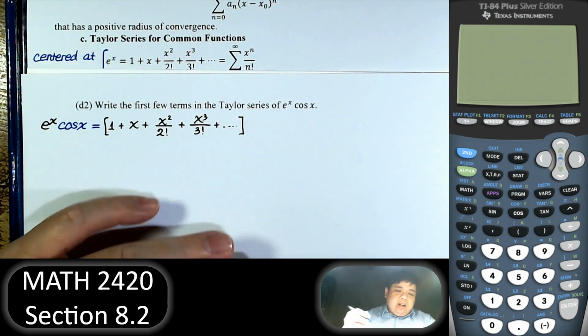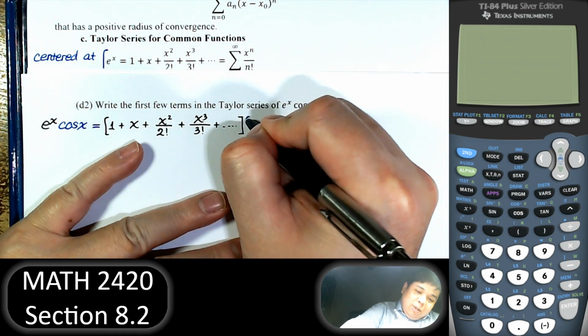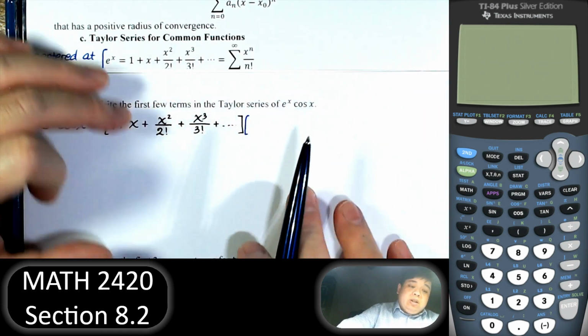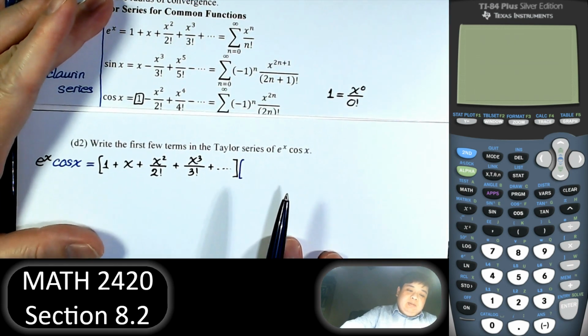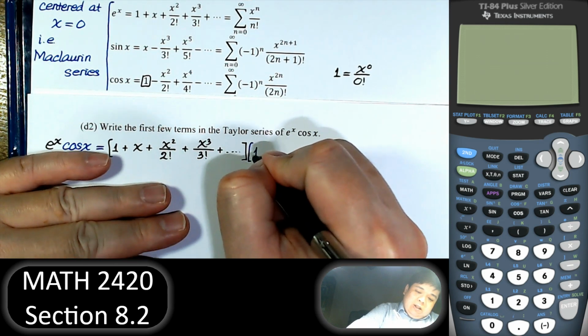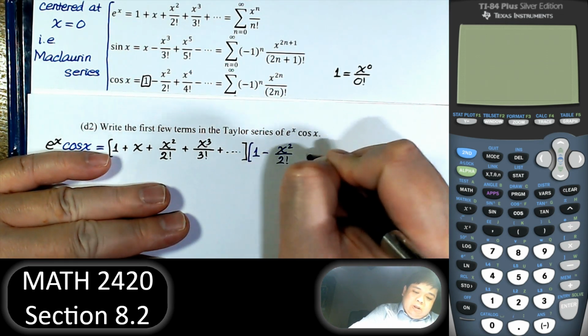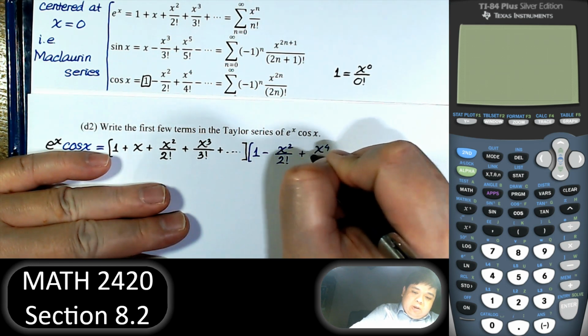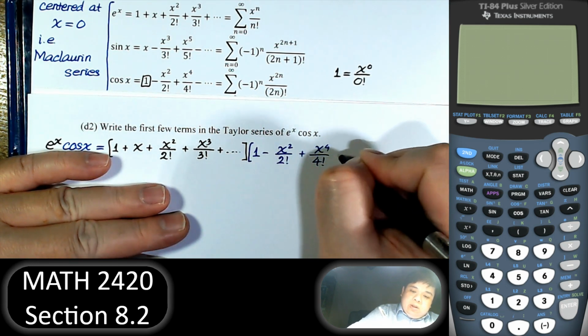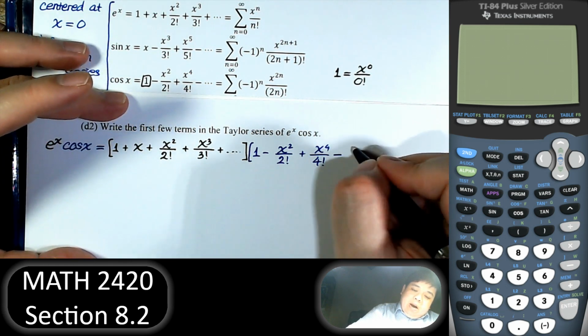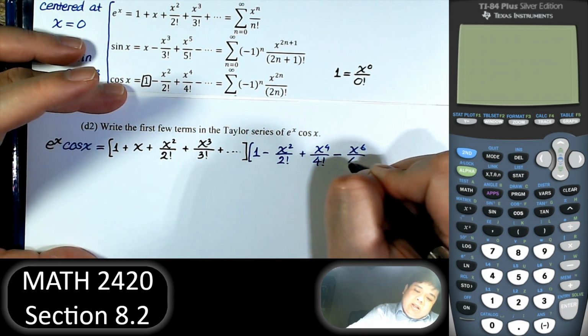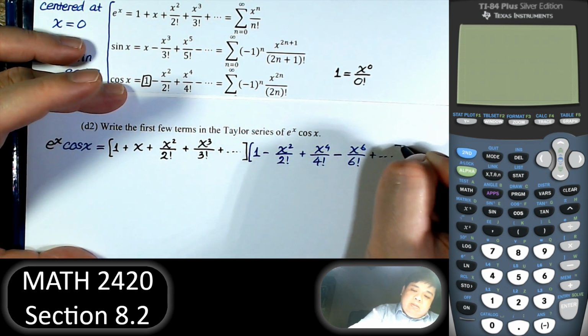Now, for cosine of x, the power series is an even function, right? It's going to be 1 minus x squared over 2 factorial plus x to the 4th over 4 factorial minus x to the 6th over 6 factorial, and so on.